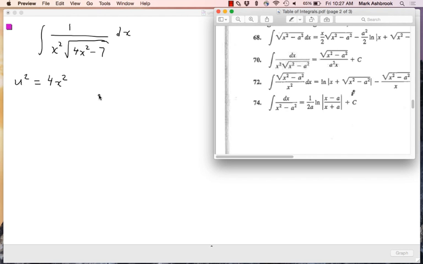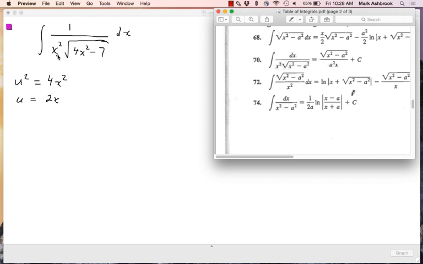So in that case, what is u? Square root of 4x squared, which is 2x. Well, it would be plus or minus 2x, but we don't have to worry about that, because it's squared. So u is 2x.